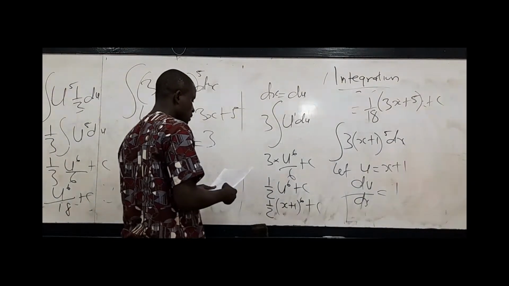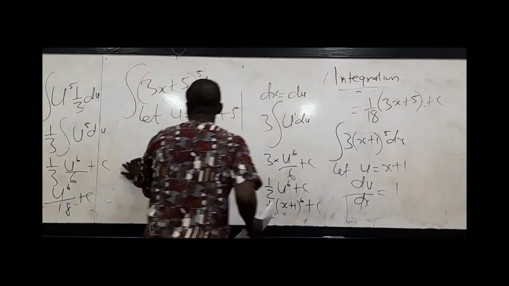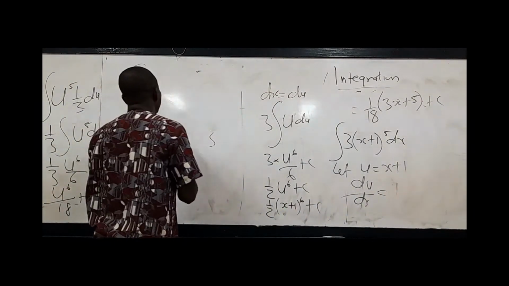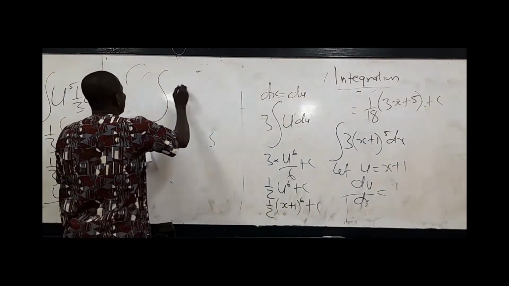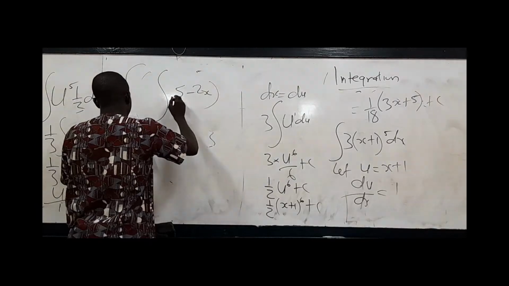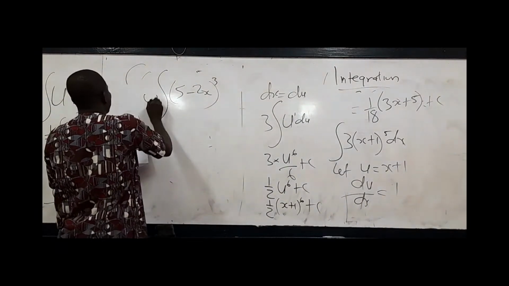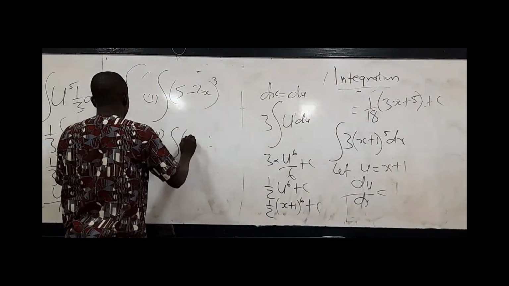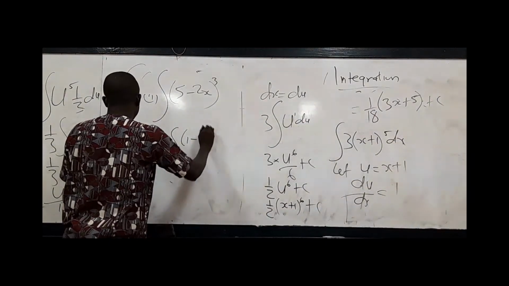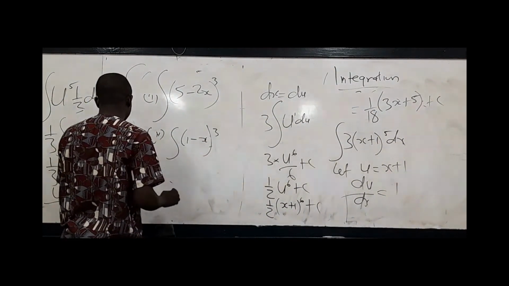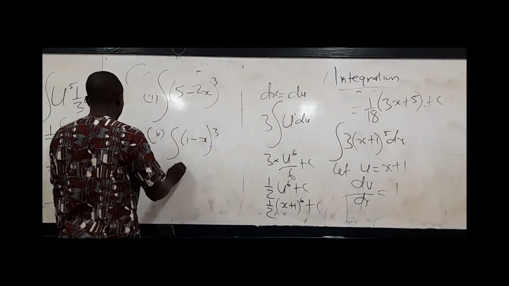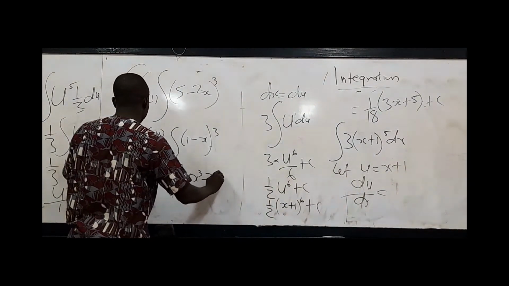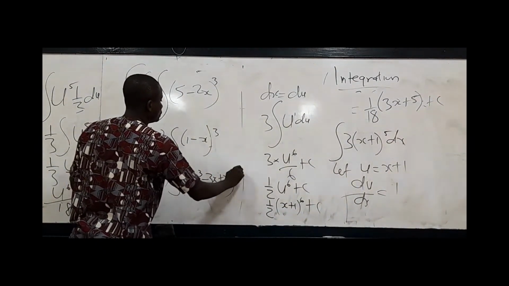Okay, that's it. So you can try your hands on these. I'm writing this one for you. Try your hands on them and see if you'll be getting your answer. Go and evaluate these: the integral of (5 minus 2x) to the power 3, then the integral of (1 minus x) to the power 3, then the integral of 4x cubed minus 3x plus 2 dx.